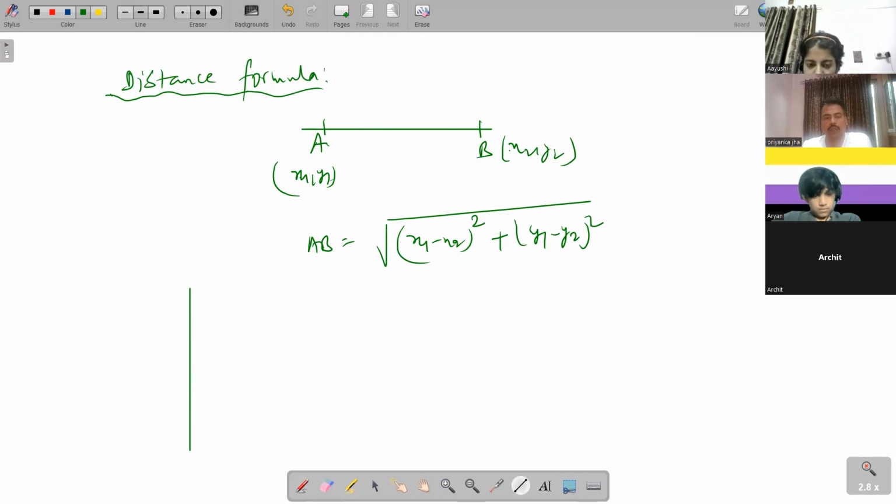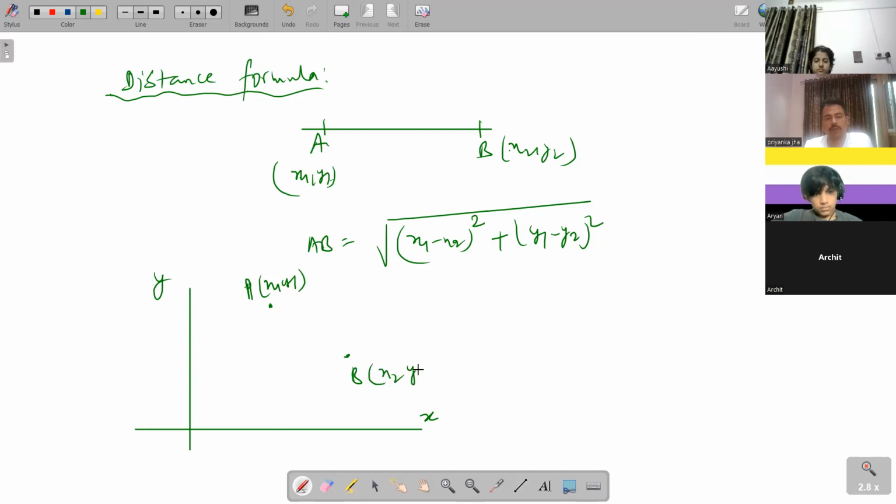This is the y-axis and this is the x-axis. Suppose this is point A, its coordinate is x1, y1, and this is point B, x2, y2. You have to find this AB. Just do one thing: drop a perpendicular line from here to the x-axis, and also a perpendicular line from here to here.